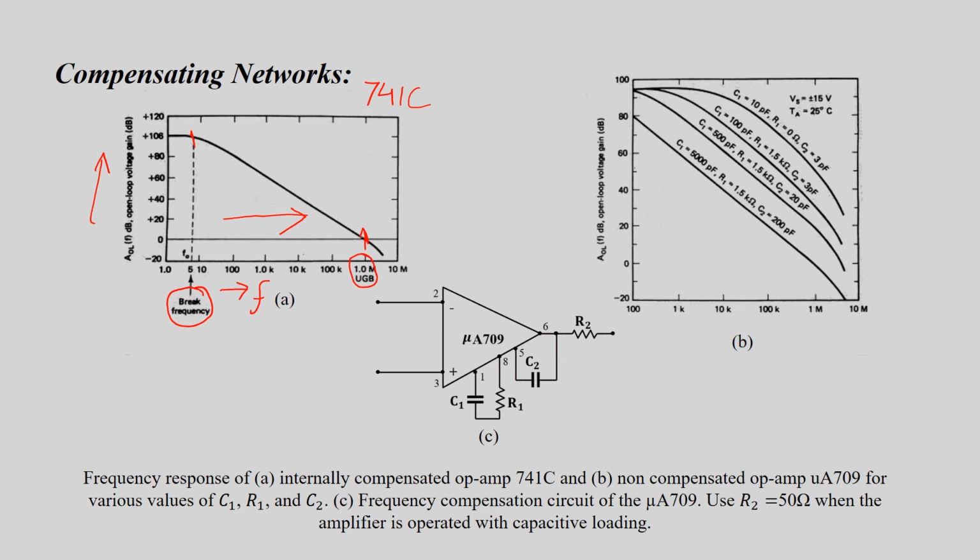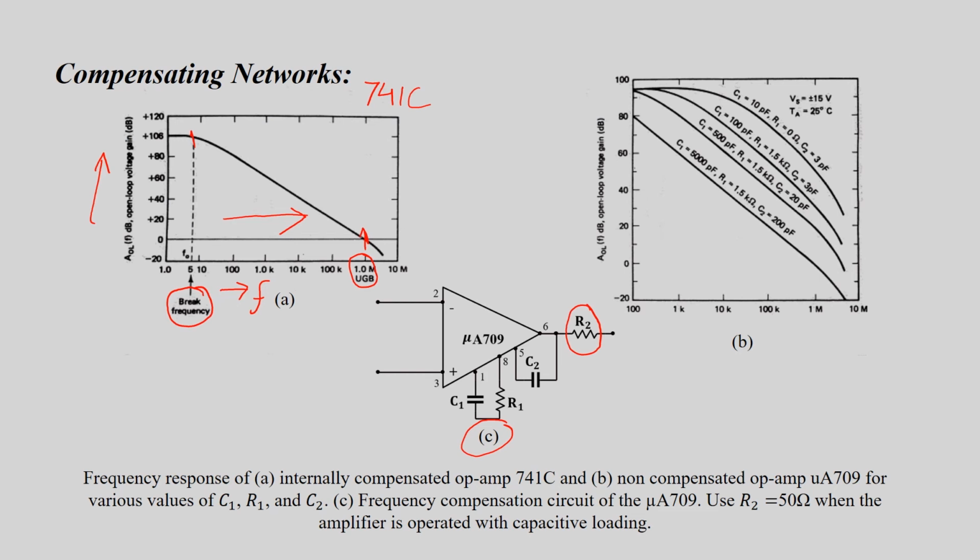So figure C is the frequency compensation circuit for the 709. We are using here R2 as 15 ohm when the amplifier is operated with capacitive loading.